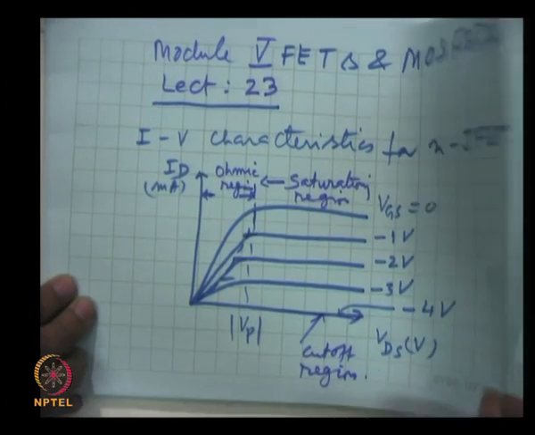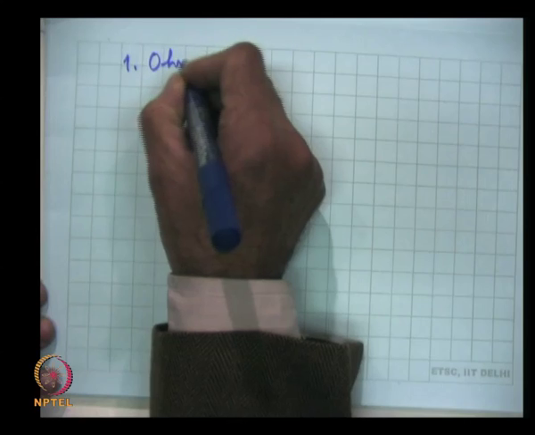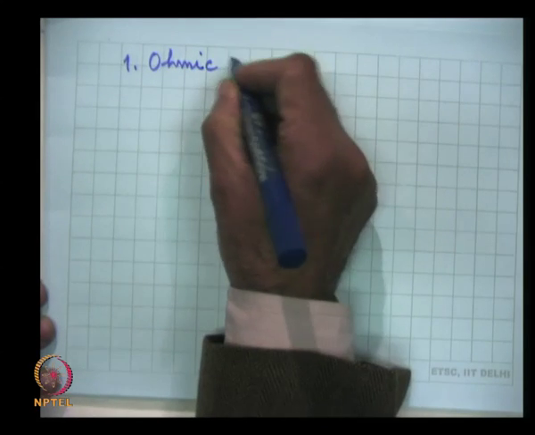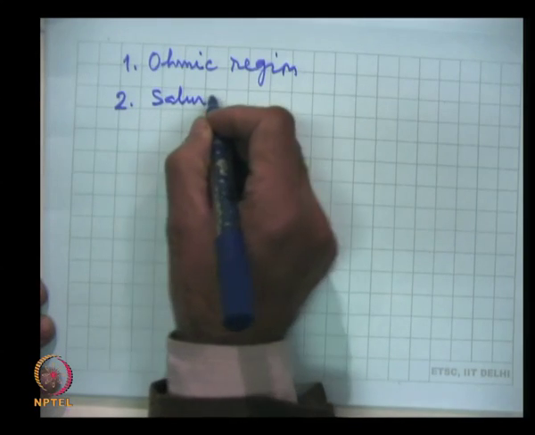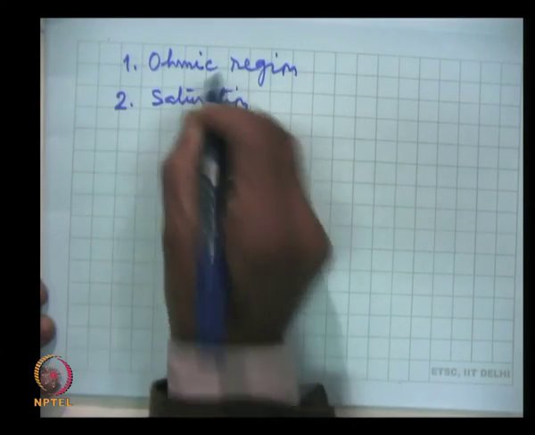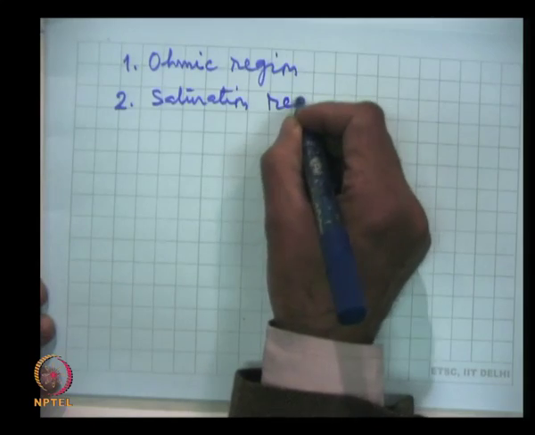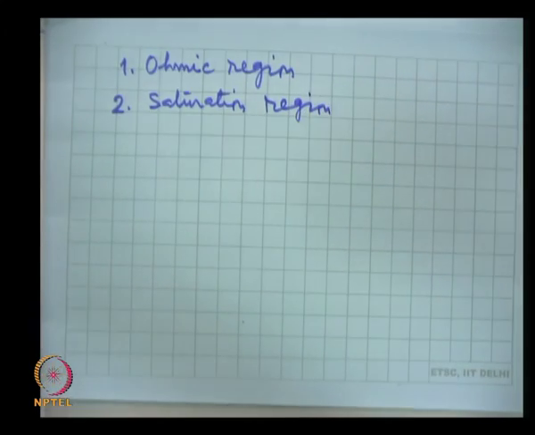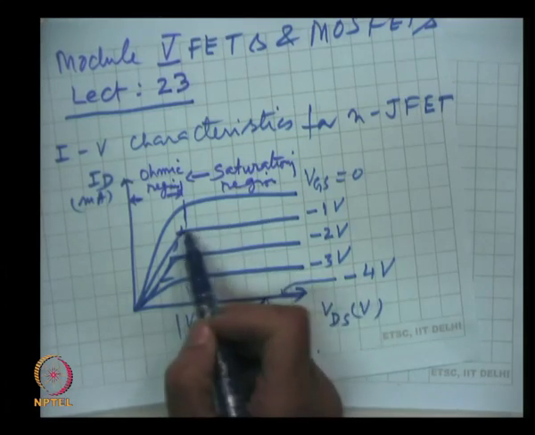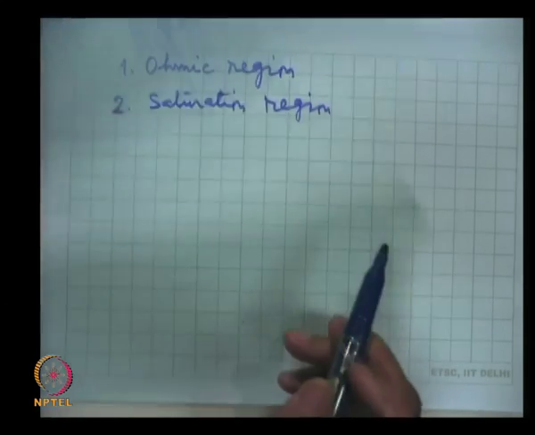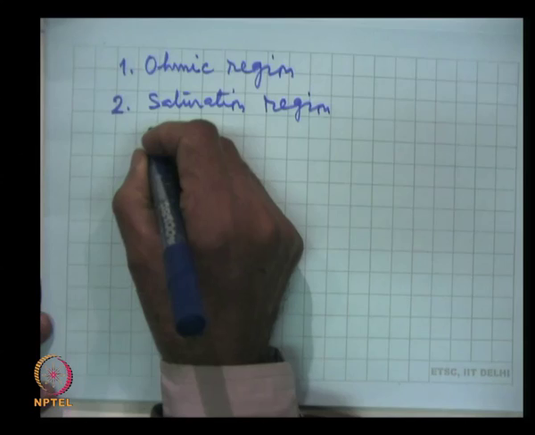So, the characteristics have 3 regions: Ohmic region, saturation region. The saturation region is also called the constant current region. Here current is almost constant.